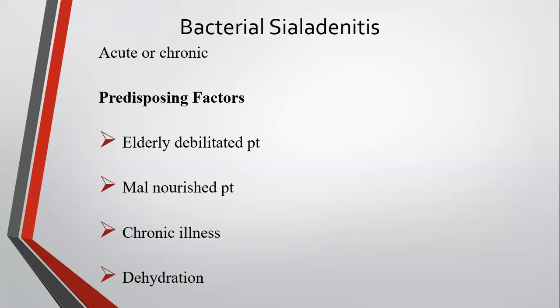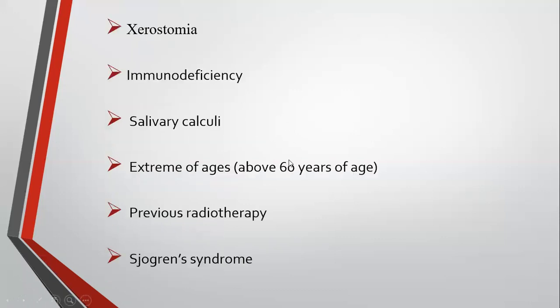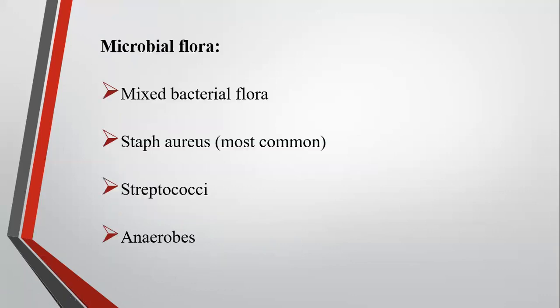And patients who are dehydrated. In such patients we can have bacterial sialadenitis, and there are some other factors which can contribute to it. Xerostomia, as I told you earlier, immunodeficient patients, patients who have salivary stones or salivary calculi, patients of older age, especially above 60 years, patients who have undergone radiotherapy, and patients who have Sjogren's syndrome.